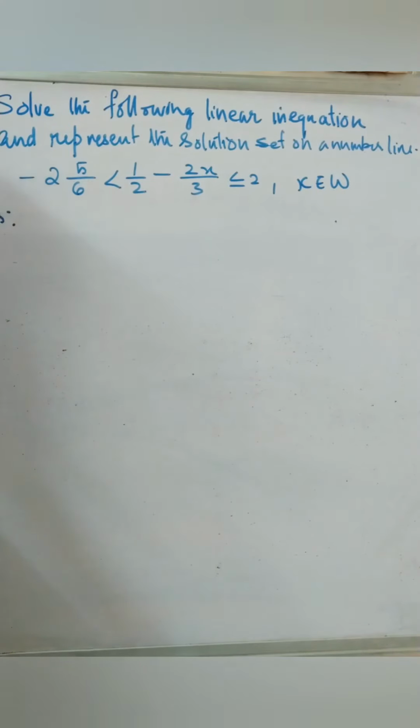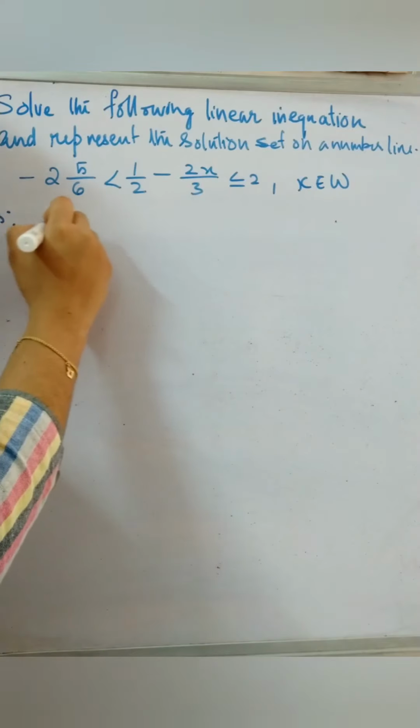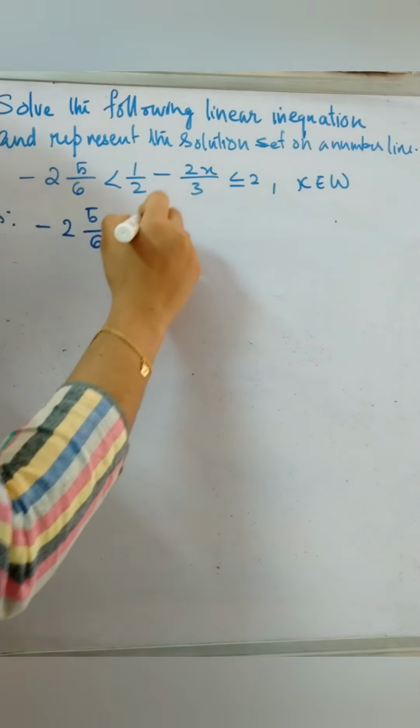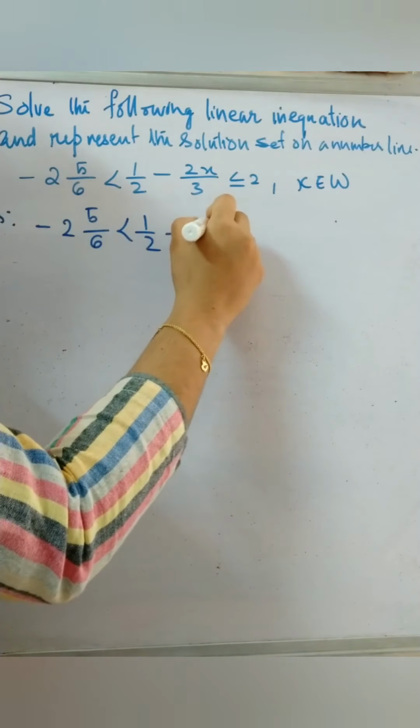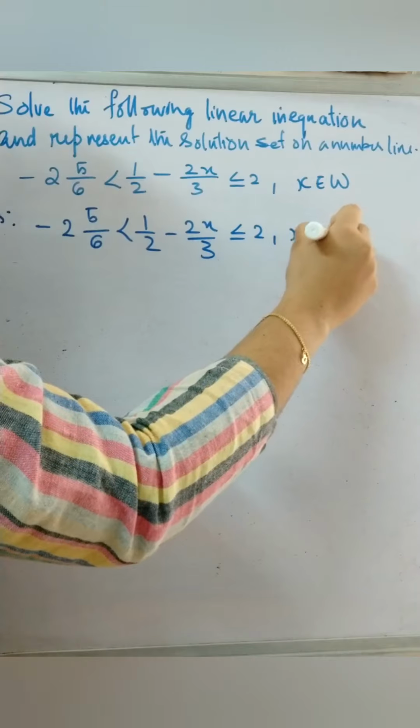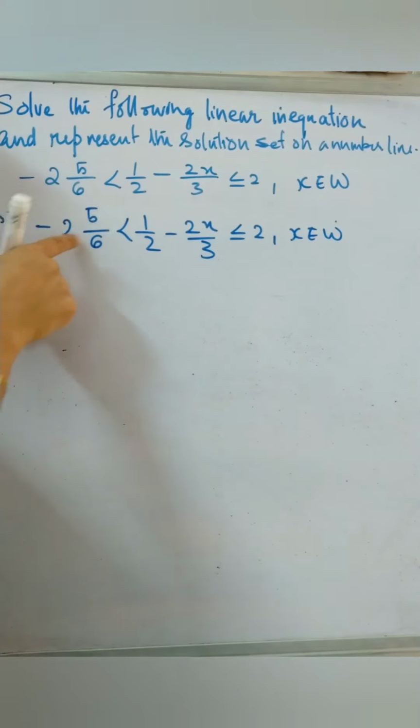So let's begin with writing the given linear inequation. That is, minus 2 5 by 6 less than 1 by 2 minus 2x by 3 which is less than or equal to 2, where x is an element of W. Here we have a mixed fraction, and we can convert it into an improper fraction.